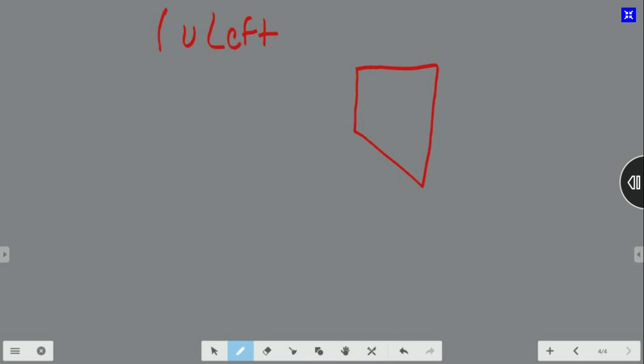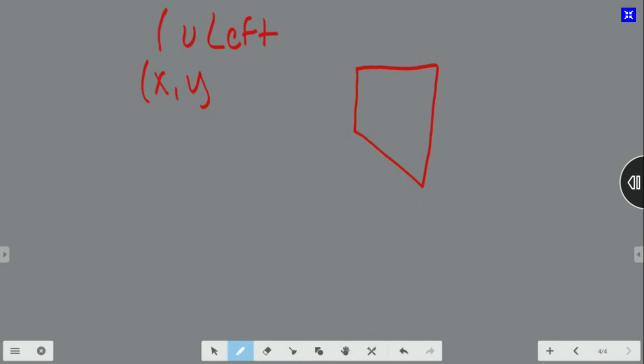What does 1 unit left mean? What's left? Go back to your notes. This is what kills me. You wrote it down just a little bit ago. What do your notes say about the word left? Subtract from x, right?